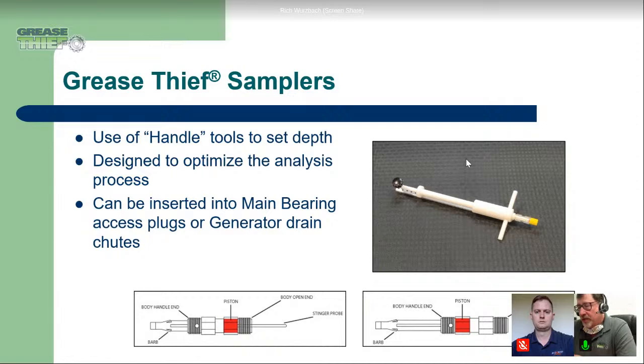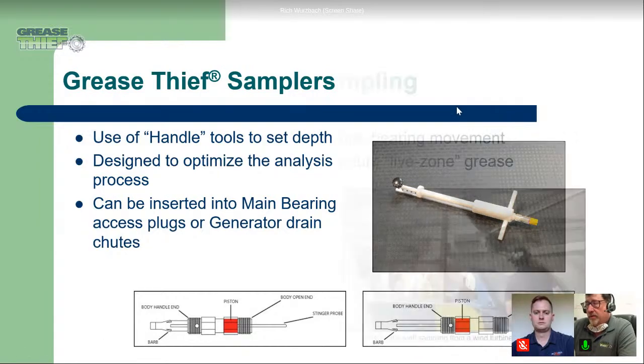As a result, we developed this T-handle device that mates with the Grease Thief sampler that you see here. And it turned out to be a really good fit for sampling from the generator drain chutes as well.